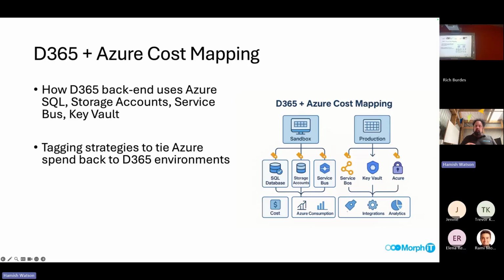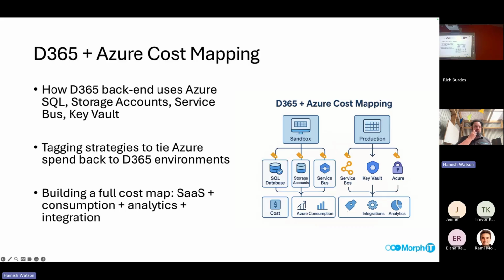And so the goal is to understand which Azure workloads support which business functions that we have. And so once we can connect all the dots, we can attribute spend to business value, right? So cost per integration, cost per process, cost per business unit, total cost of ownership for the overall estate.